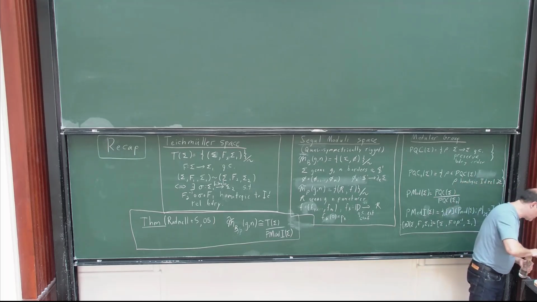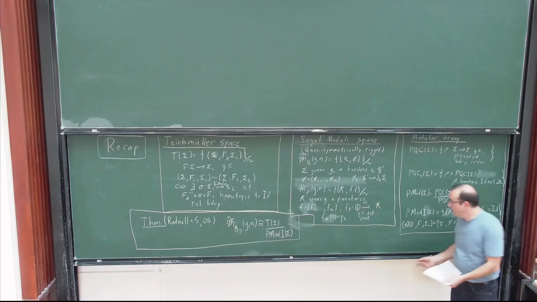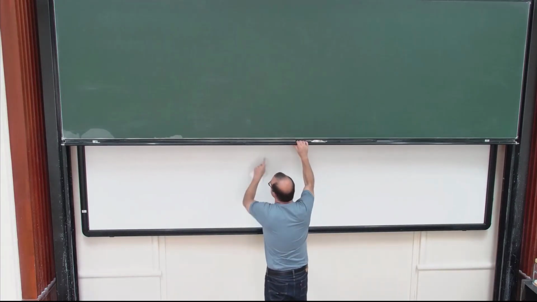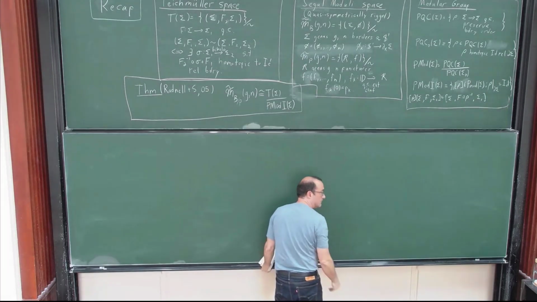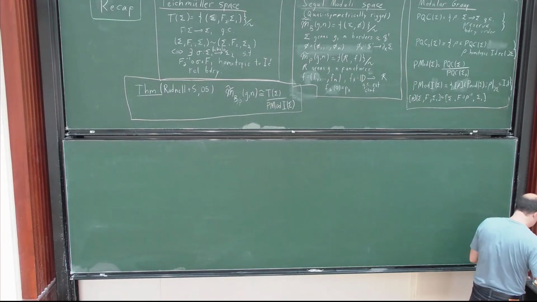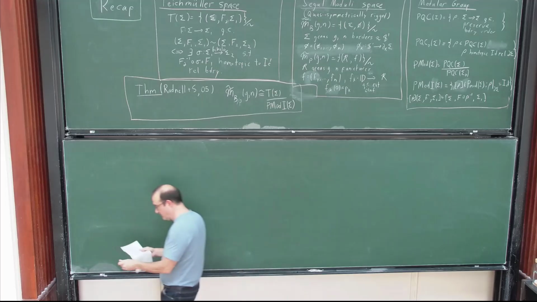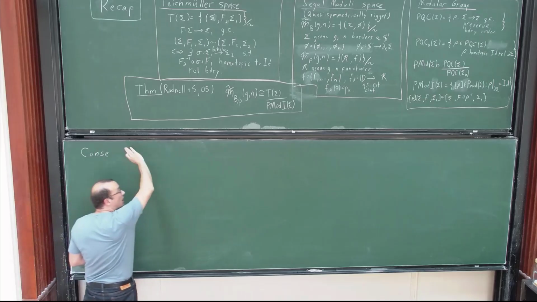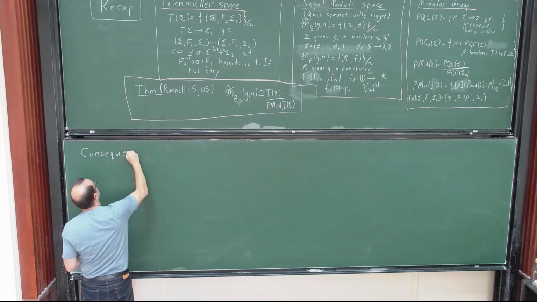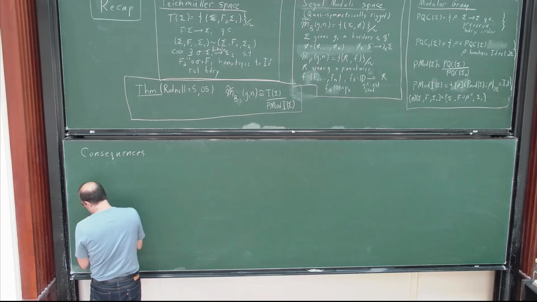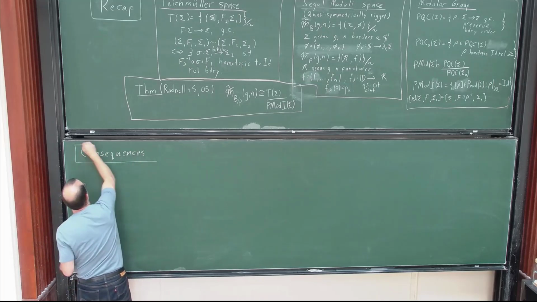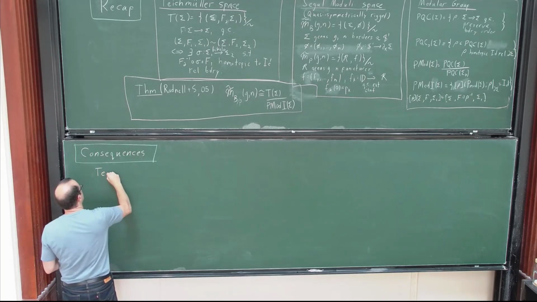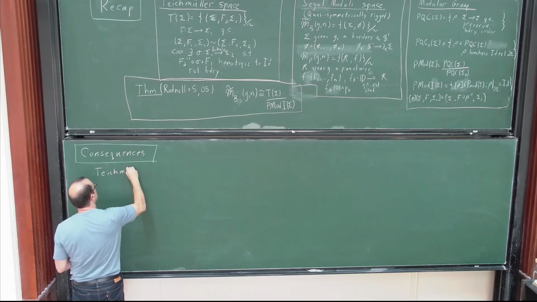Okay, so let me start with consequences. By consequences, I mean consequences of this correspondence. The first consequences are in the direction Teichmüller theory to conformal field theory.